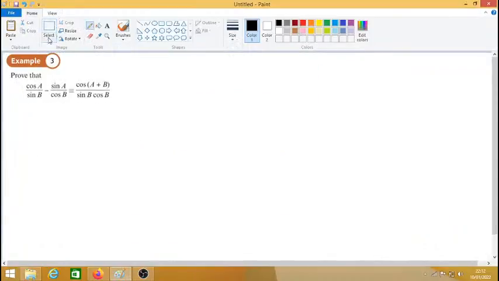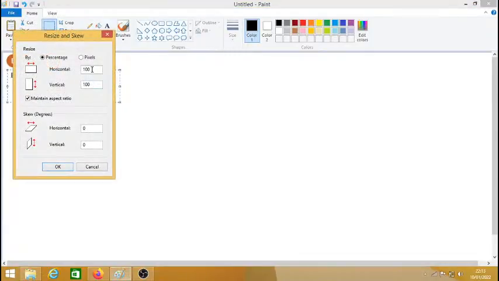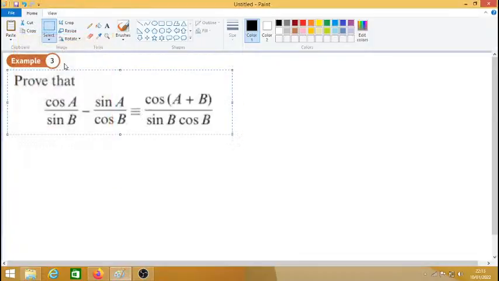So on the left here we have: prove that cos A over sine B take away sine A over cos B is the same thing as cos of A plus B over sine B cos B. With these kinds of questions, you can choose where you want to start.